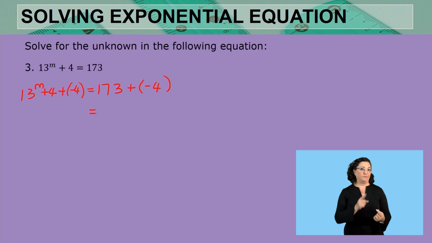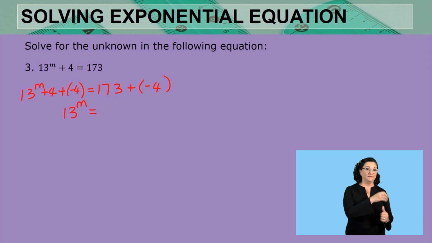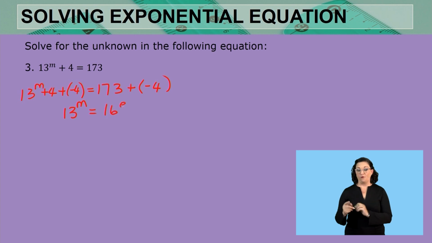So what is going to be the result there? When we add -4 to 4, that's going to give us 0, and then we have 13 exponent m. On the other side, if we say 173 and we add a -4, that is going to give us 169. Now, if we express 169 in exponential form, that is going to be 13 squared.